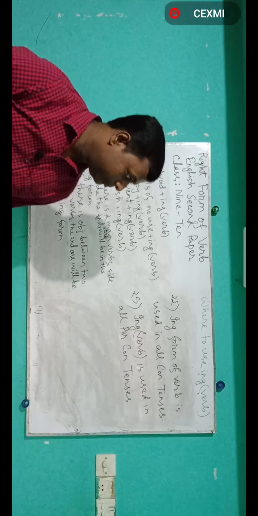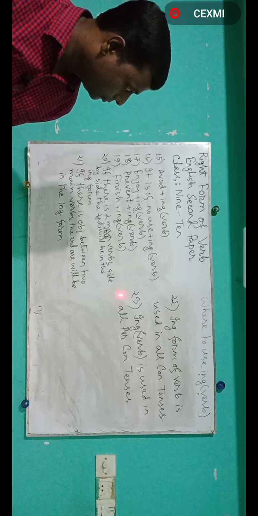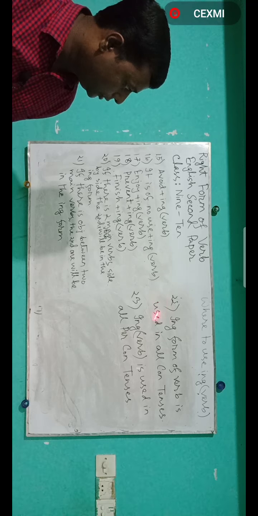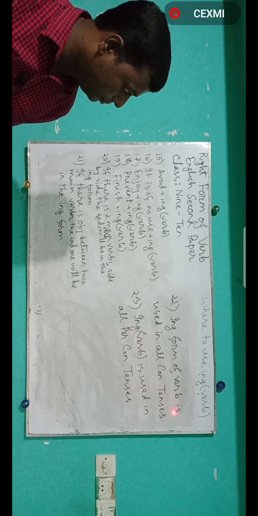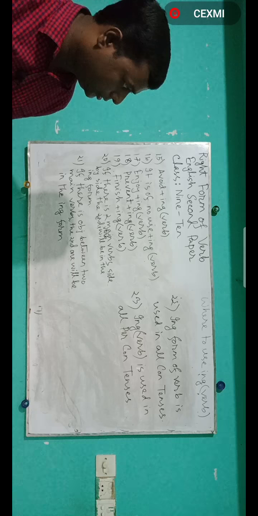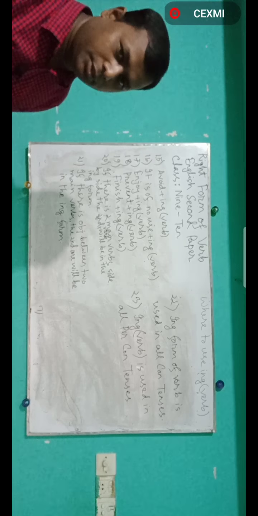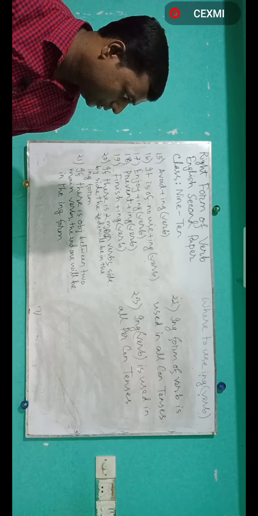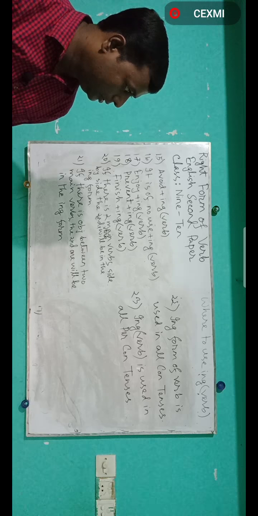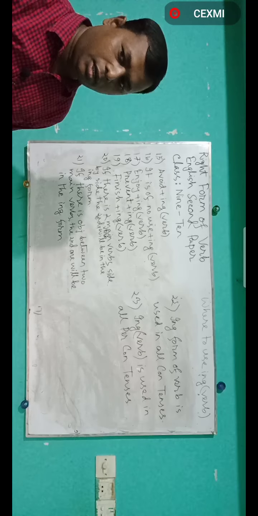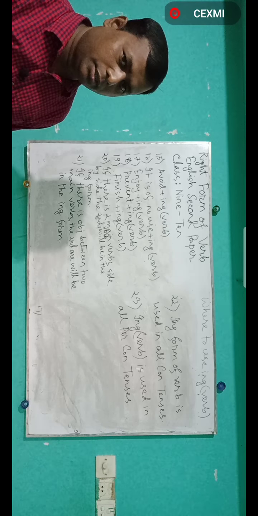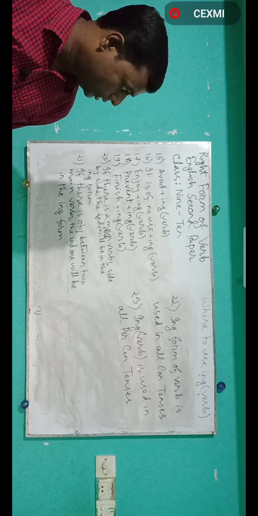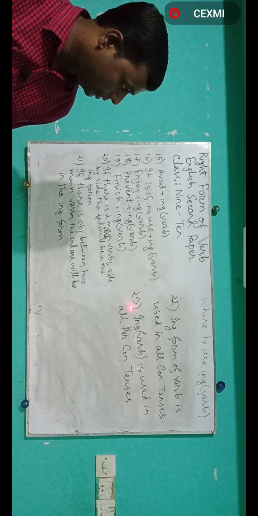Dear students, you can see that in number 22, ing form of verb is used in all continuous tenses. That means in present continuous tense, past continuous tense, and future continuous tense, ing form of verb is used. For example, I am writing, I was writing, I shall be writing. Then come to the next one, number 23.